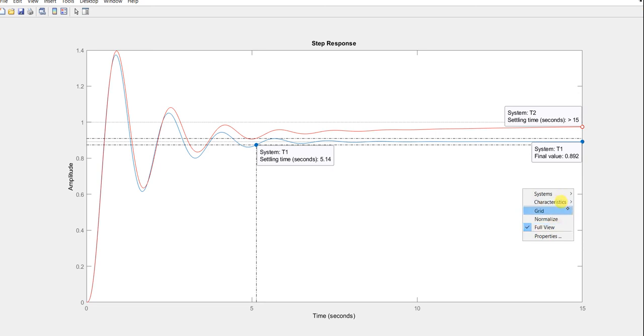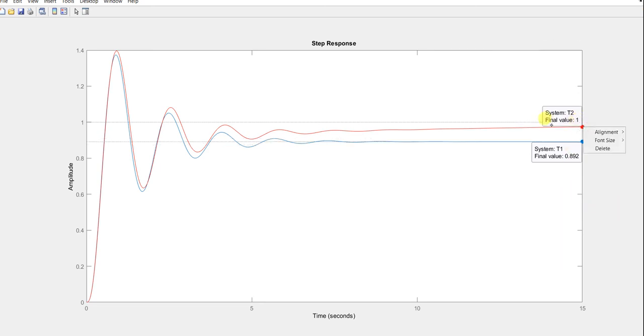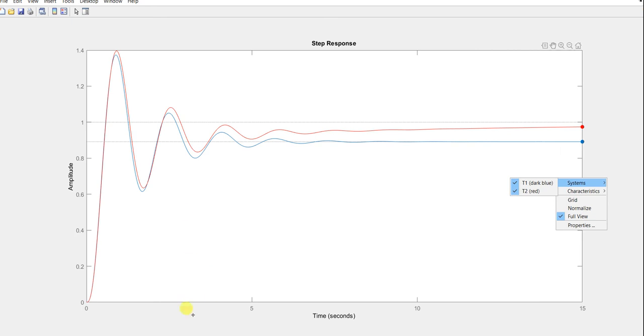For the second system, we know that the steady state error will be equal to 0. You see that the final value is equal to 1, therefore the steady state error is equal to 0. And you can also see that up to time equal to around 2 seconds, the step responses of the two systems are kind of similar to each other, but after that they get different from each other, because for the system with the PI controller, which is shown in red, the steady state error will be equal to 0 at some point.